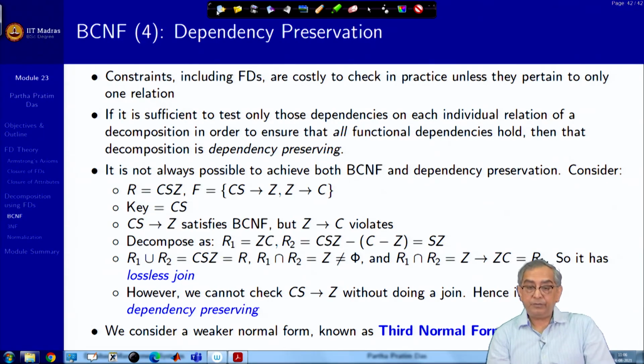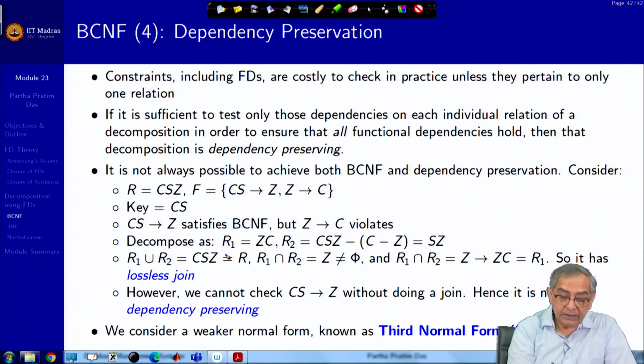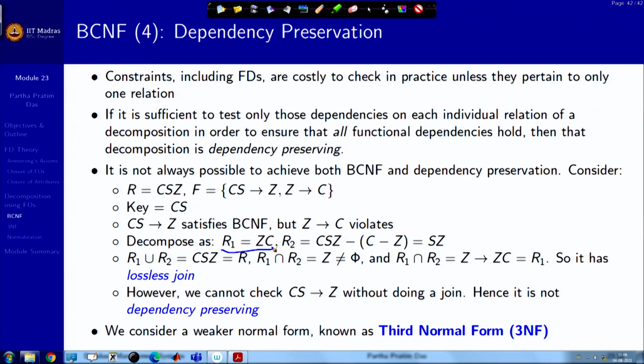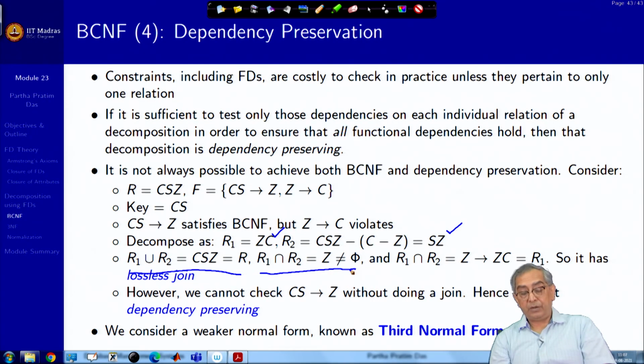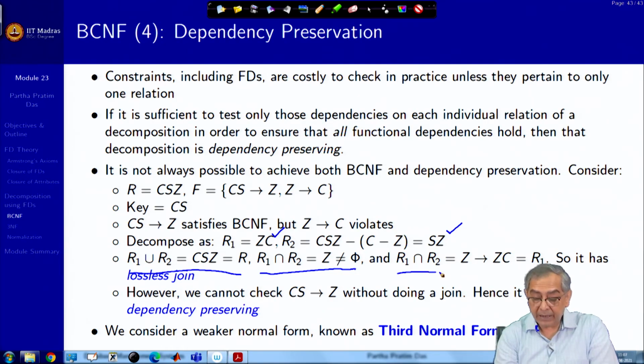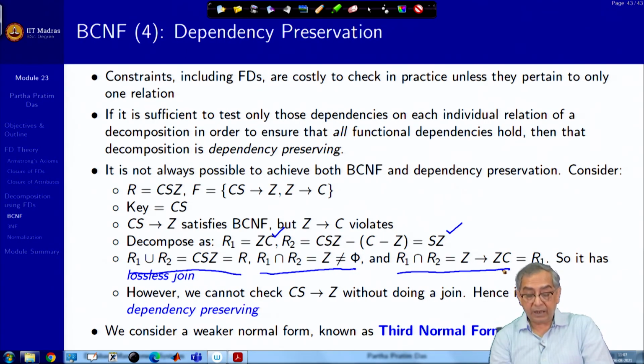We will have to go for a decomposition based on Z determines C. So, one is Z union C, which is ZC, and another is CSZ minus C, that is, R minus beta, which gives us SZ. So, we have 2 relations, ZC and SZ.